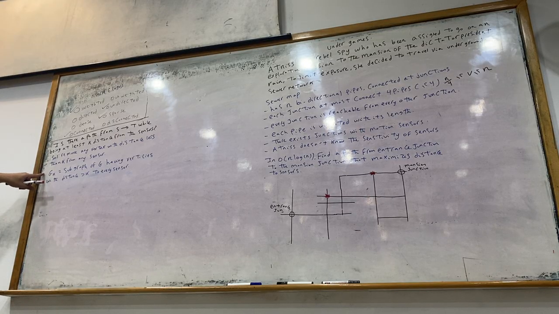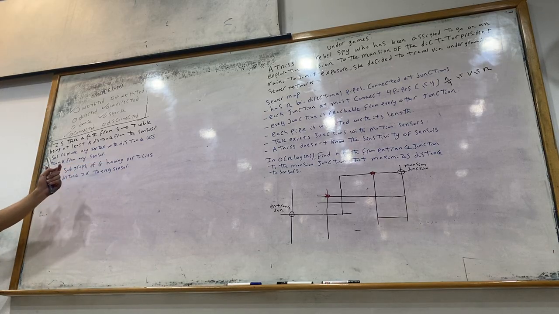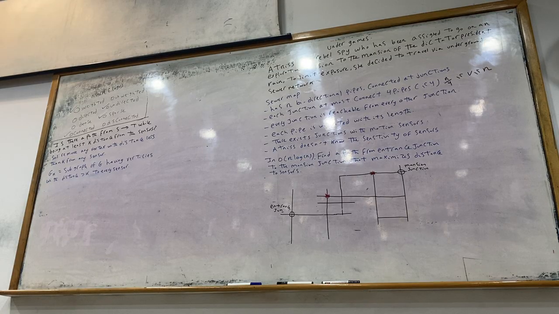What is GK? GK is a subgraph of G, but having only vertices with distance greater than K to any motion sensor. If the distance is smaller than K, I will remove that junction.